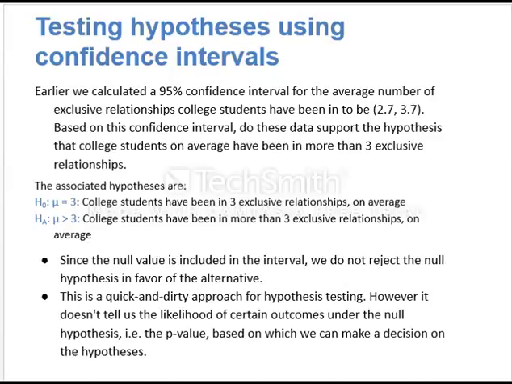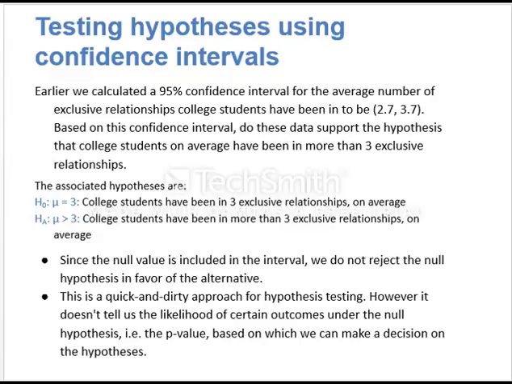So going back to that number of exclusive relationships that college students have been in, our plausible range of values was 2.7 to 3.7. So we're making the claim that 95% of the time an interval constructed in this manner will capture the true value of the true number of exclusive relationships.